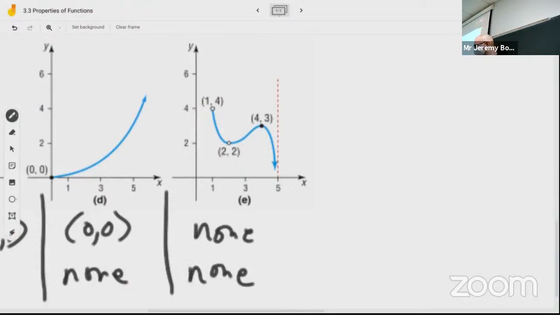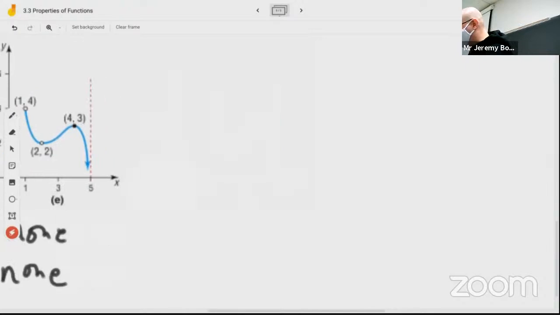You have a local max there, but this goes past it and it's not defined there, so we can't do it. So that's all the different ones that can happen that you'll see. Any questions on those?